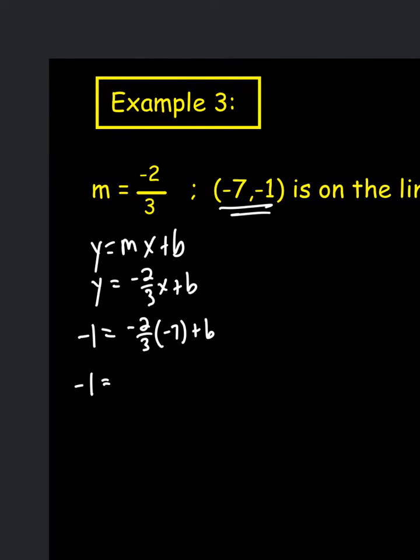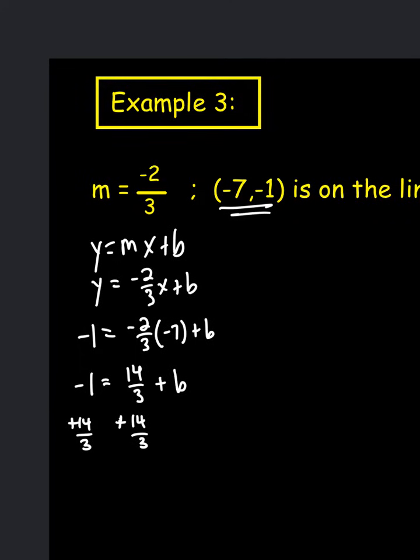So I've got -1 equals -2/3 times -7 is 14/3 plus b. And then I'm going to add 14/3 to both sides. That's supposed to be a 14, not a 4. When I say both sides, I mean both sides of the equal sign.